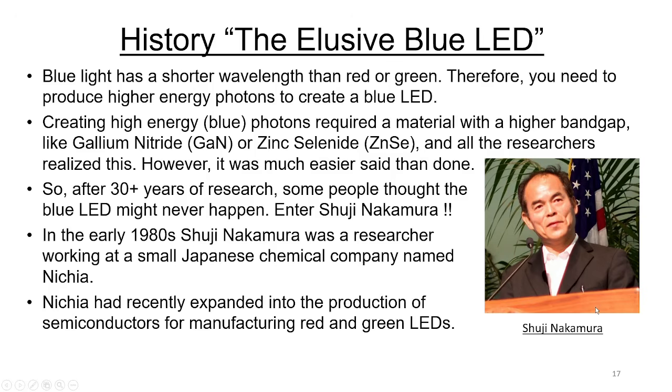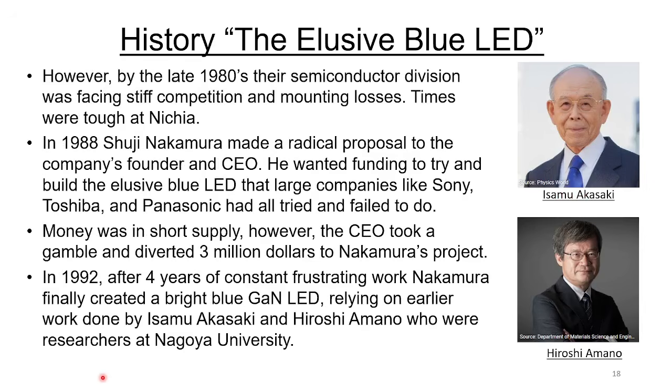In the early 1980s, Shuji Nakamura was a researcher working at a small Japanese chemical company named Nichia. Nichia had recently expanded into production of semiconductors for manufacturing red and green LEDs. However, by the late 1980s, their semiconductor division was facing stiff competition and mounting losses.